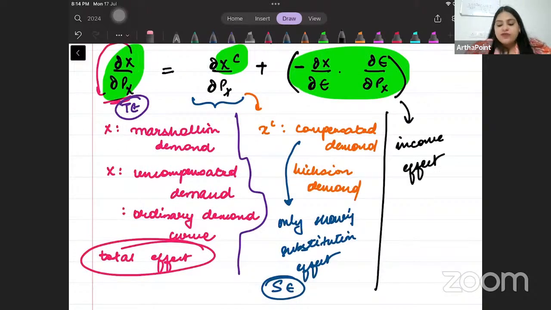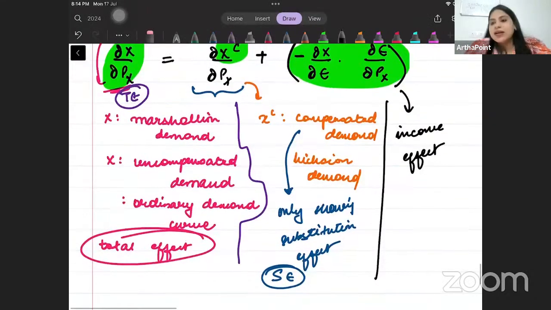We have decomposed the total effect in the Slutsky equation into substitution and income effect mathematically. We had only done this diagrammatically in the previous classes, but now I have been able to do this mathematically also. This is what we are showing here. This is a mathematical analysis.